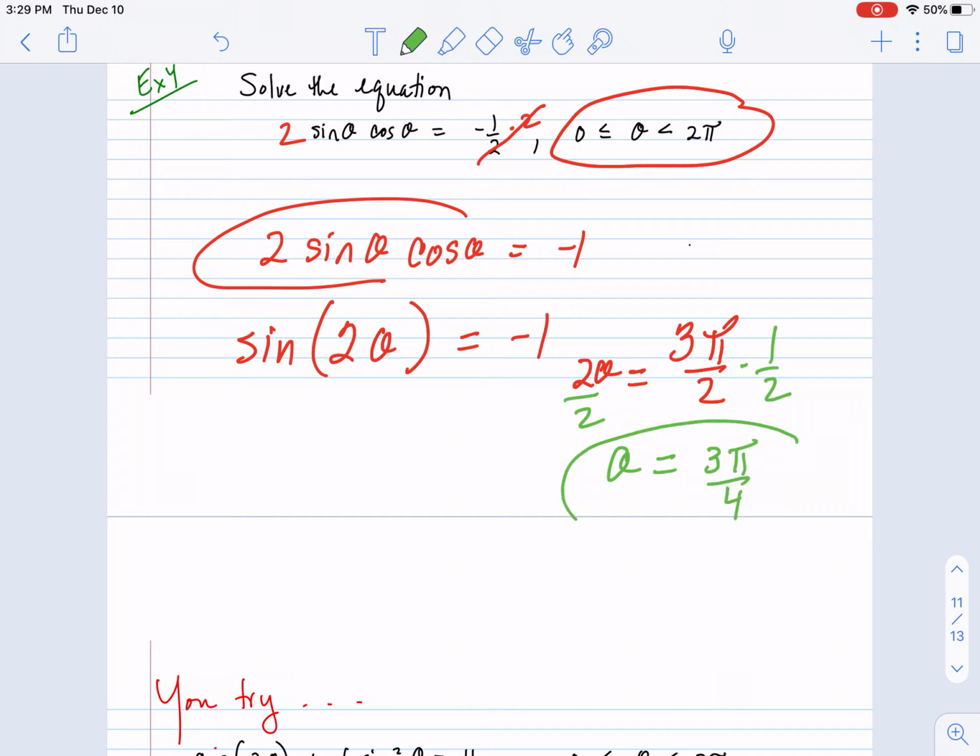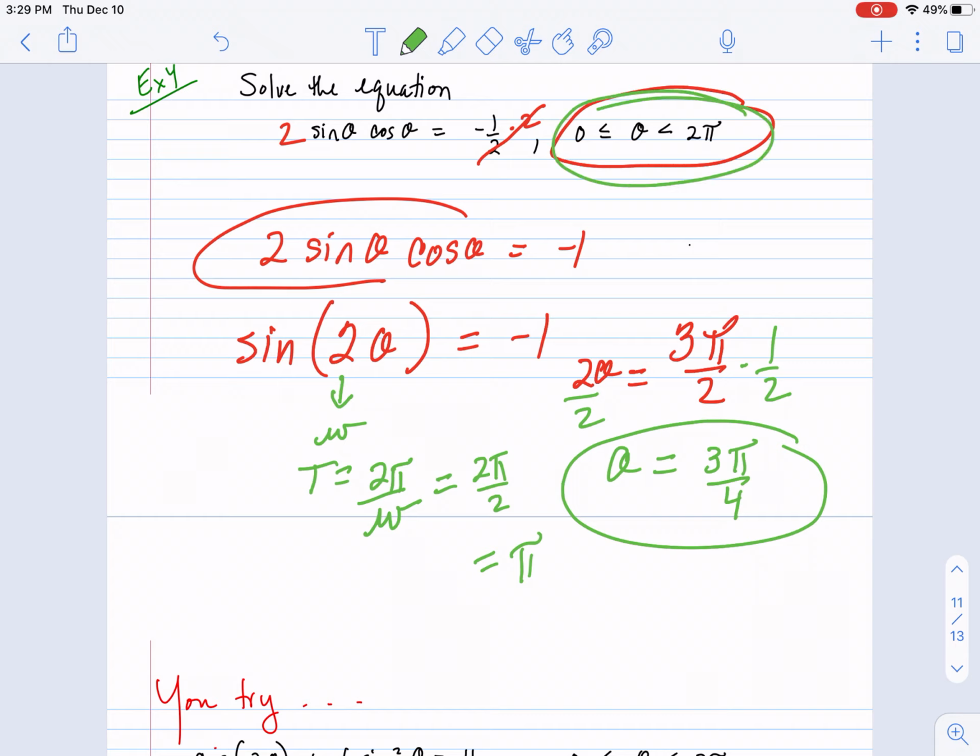But again, what's the period for this? That's my omega, and we know the period is 2 pi over omega, okay? That comes out to be 2 pi over 2, which is just pi, but I want to go from 0 to 2 pi, so I have to add another period to that, and my period is pi. So I'm going to add another 4 pi over 4 to have a common denominator.